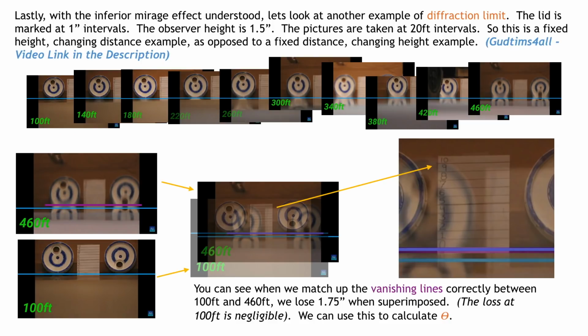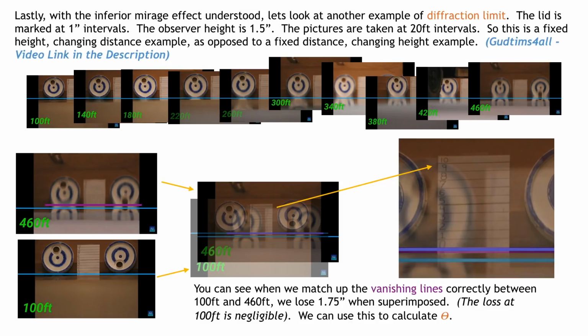So we've lost essentially 1 3/4 inch between these two photos when I blow them up, standardizing them across that mirror zone that is developing. So you can see when we match up the vanishing lines correctly between the 100-foot and 460-foot observations, we lose about 1.75 inches like we discussed. And again, the loss at 100 feet is essentially negligible here.